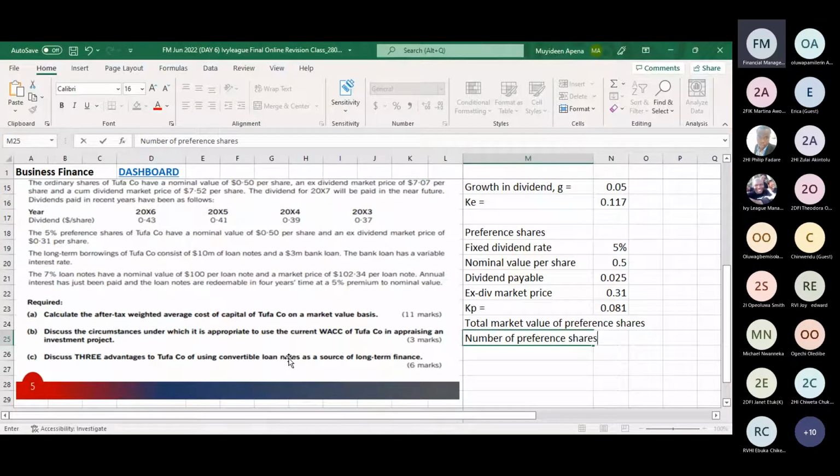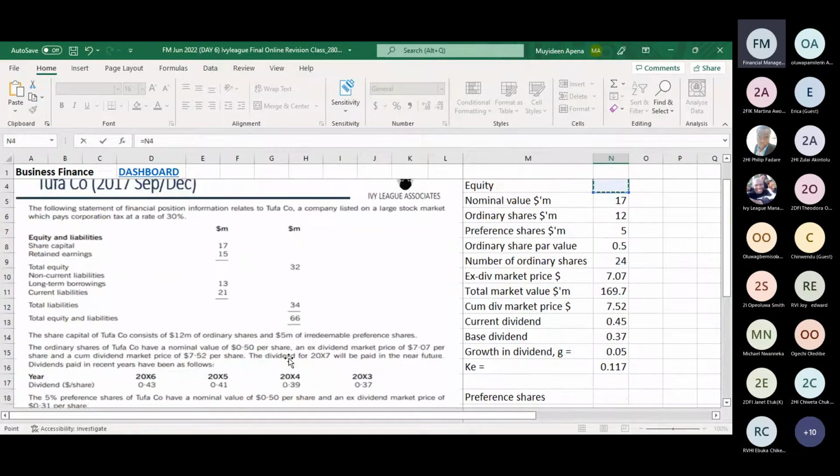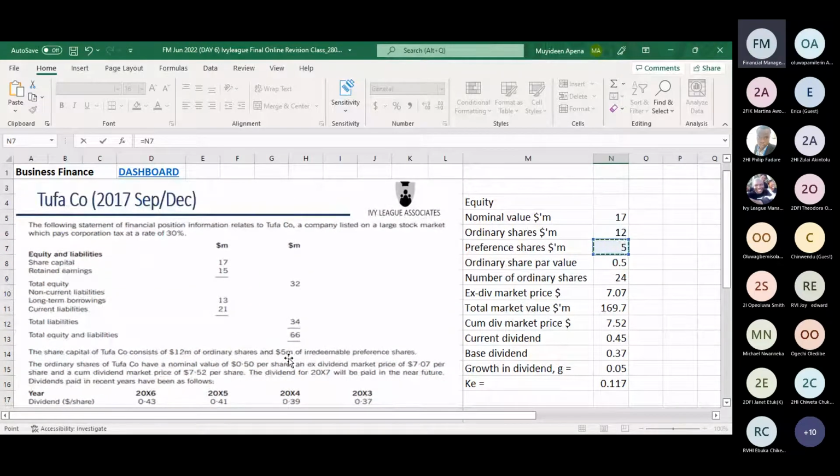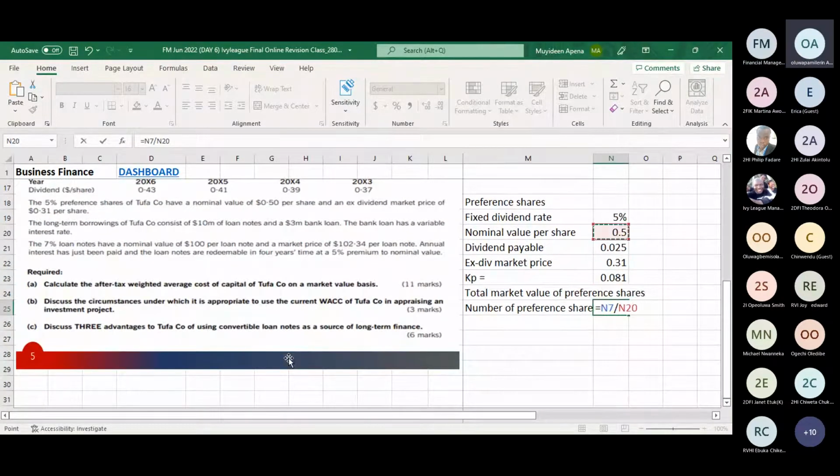Number of preference shares. To get number of preference shares, we will divide the nominal value in the book, which we have here, 5 million, by the par value, which is 50 cents.